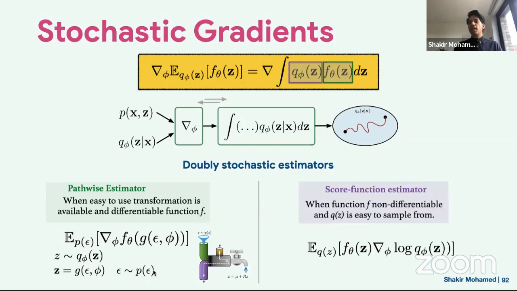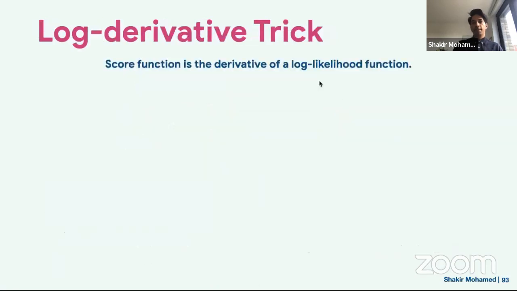I'm going to spend time looking at a different estimator, which is called the score function estimator. It's going to say that I can compute the gradient of this thing by computing samples under q and then evaluating f times grad log q. And we're going to try and derive this second one together. There's actually a third class of these estimators as well that manipulates q using its measure theoretic properties. So this trick is called the log.